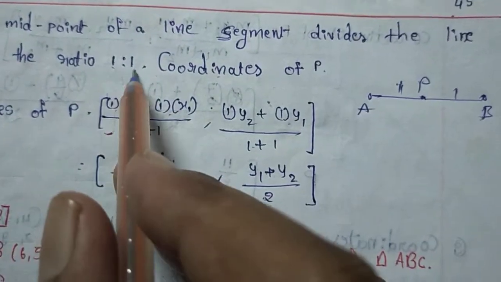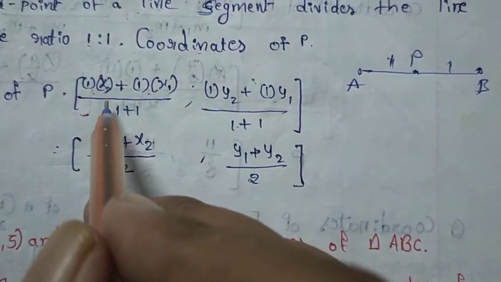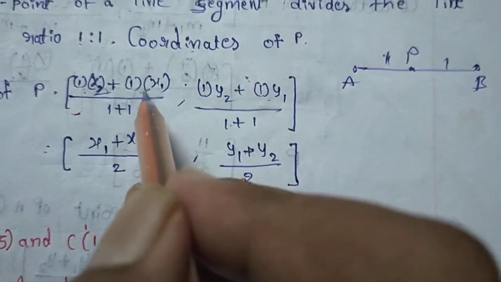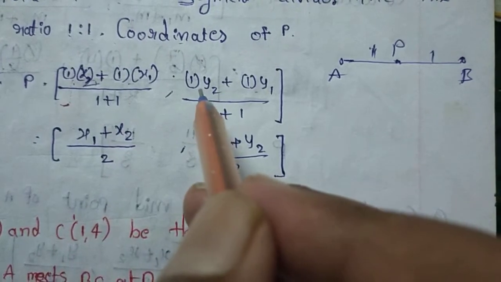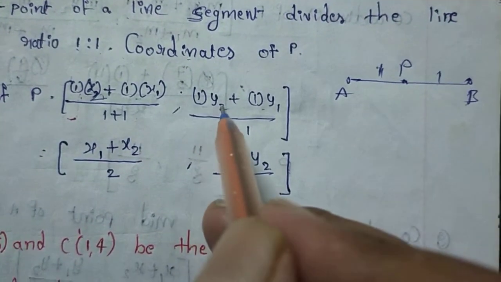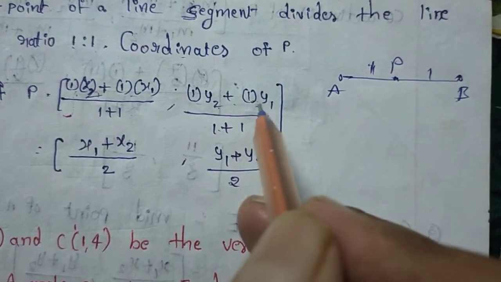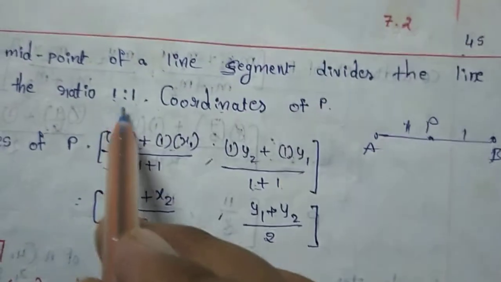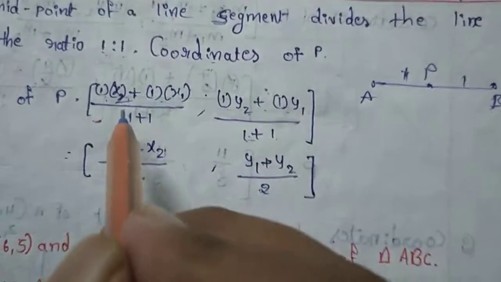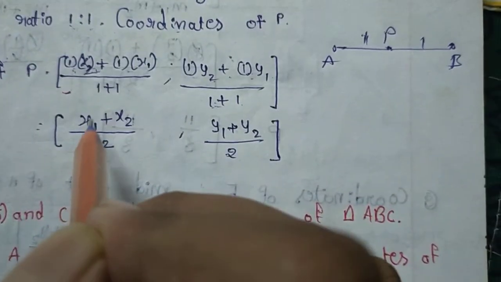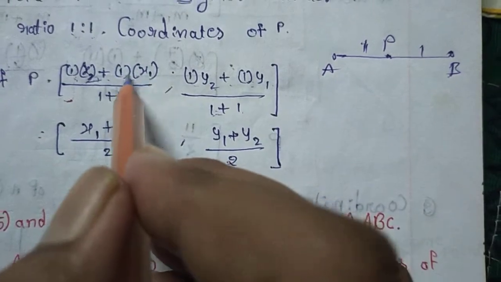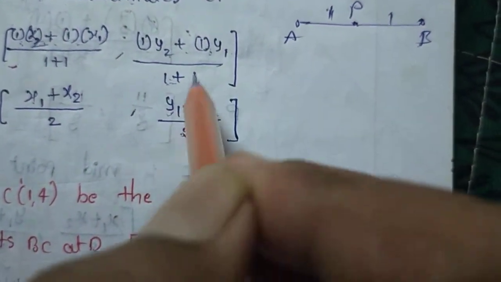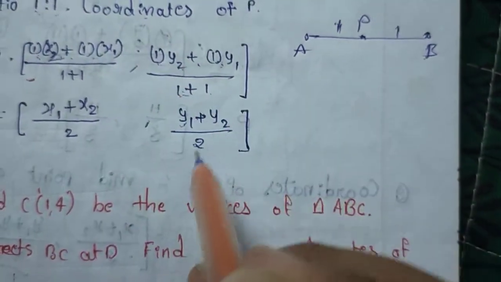Here m1 is 1 and m2 is 1, so we get (x2 into 1 plus x1 into 1) by 2, and (y2 into 1 plus y1 into 1) by 2.